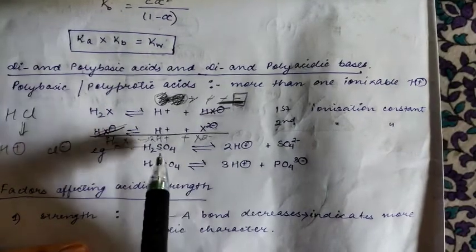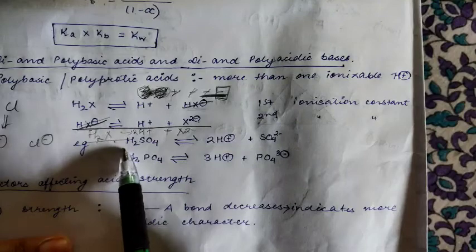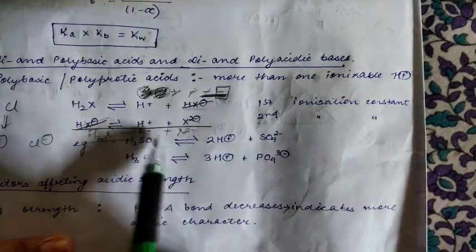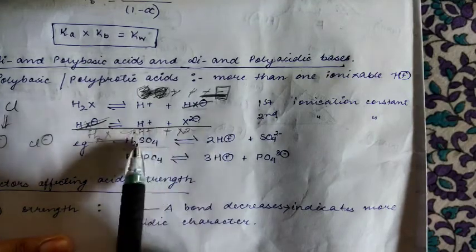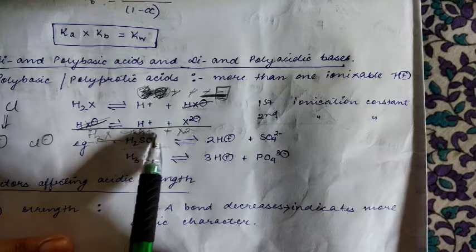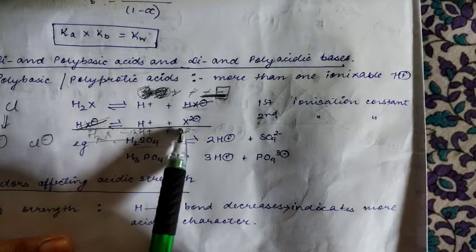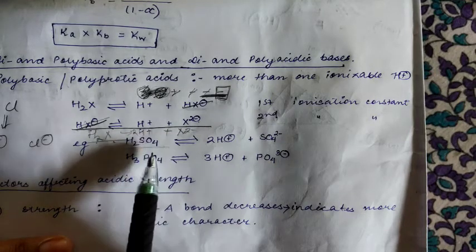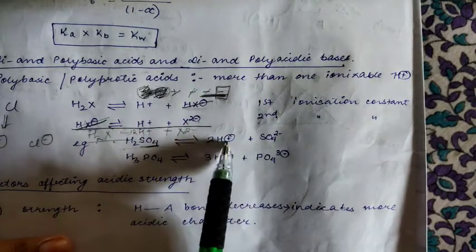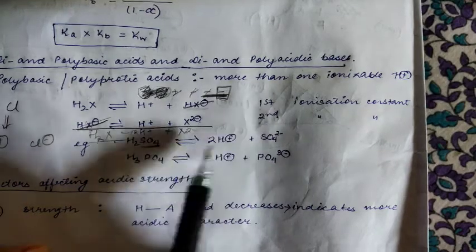So if you break down sulfuric acid, you will get the same pattern. You will get 2H positive, and the anionic part, that is your sulfate here, will acquire 2 negative, because from here you have released 2 positive charges, that is 2 protons.